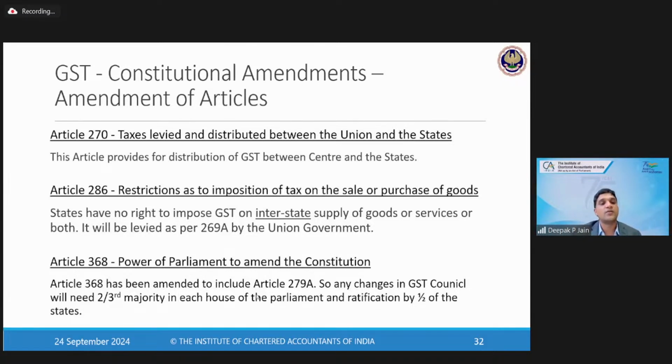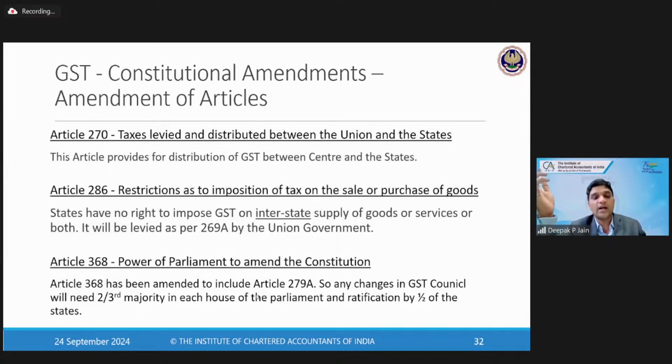Firstly, 368 is on the power of the Parliament to make any changes to the Constitution. अगर कुछ Constitution में amend करना है, तो फिर Article 368 को follow करना पड़ेगा, which says that any changes in the GST Council, अगर आपको Constitution of GST Council, composition, meeting, powers of the GST Council, if any of these things has to be changed, then you will need a 2/3 majority of each house of the Parliament, 2/3 of the Lok Sabha, 2/3 of the Rajya Sabha, and then it has to be ratified by half of the states. मतलब फर्स्ट सेंट्रल गवर्नमेंट लोकसभा राज्यसभा पास करेगा, उसके बाद 50% of the states also have to confirm.